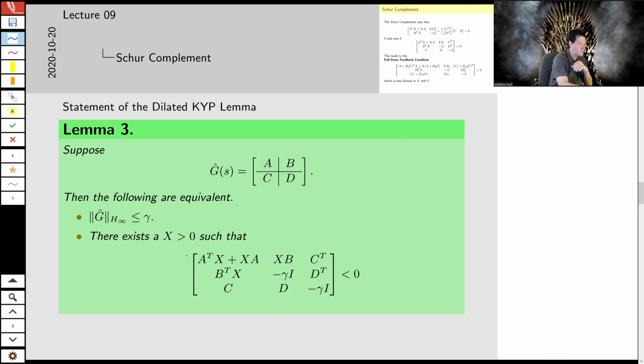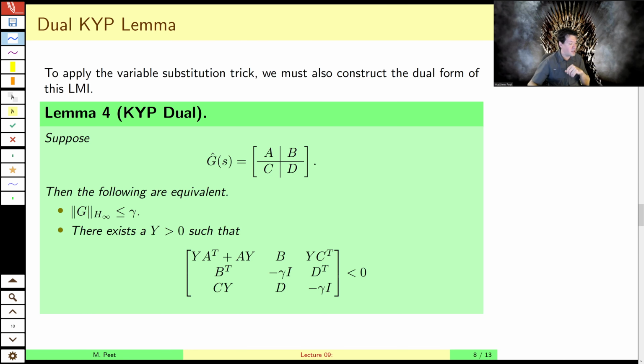So mostly going forward, we're going to be working with the dilated KYP lemma, a larger version of the KYP lemma, which is more linear in variable gamma, for example. But like I said, it's not quite the form we want, because the K and the X don't directly multiply. And so we need to, as for stabilization, find a dual version of the KYP lemma.